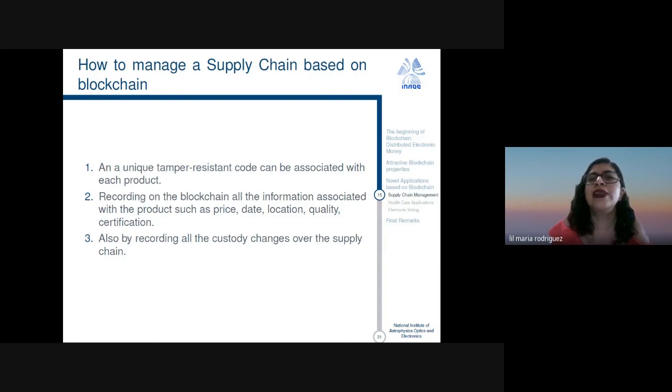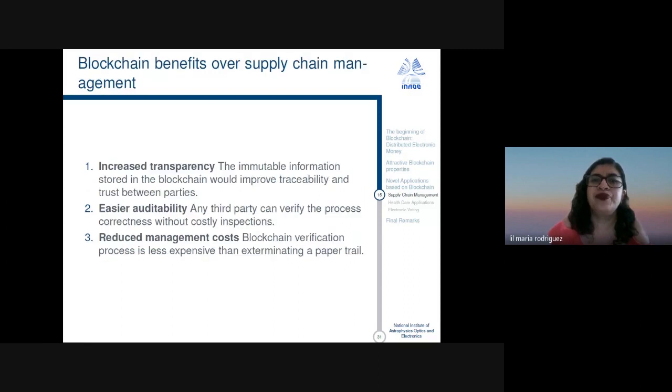So we want to trace all the way around how this pork came to my dish and see what was wrong in the process. Okay, so which are the benefits of the blockchain over this supply chain management?